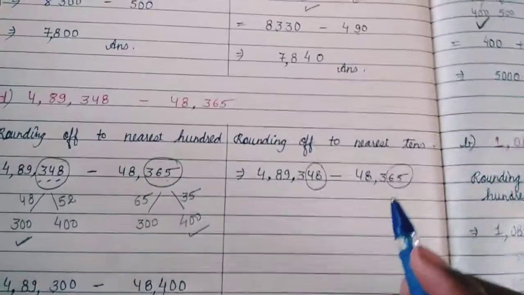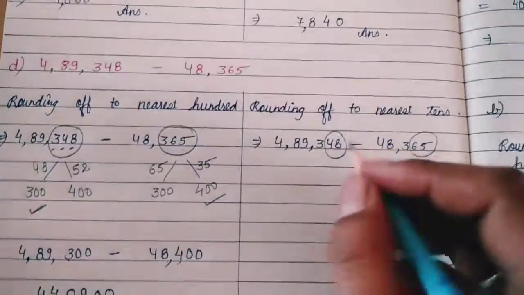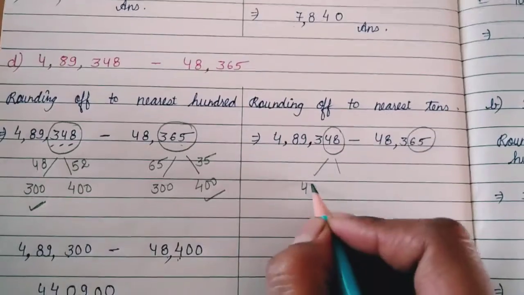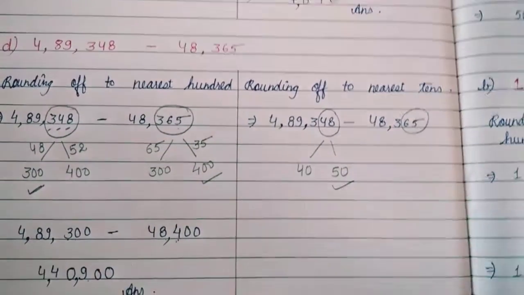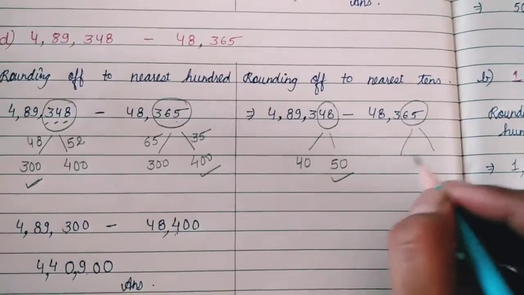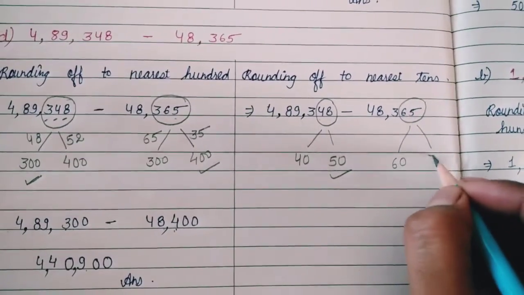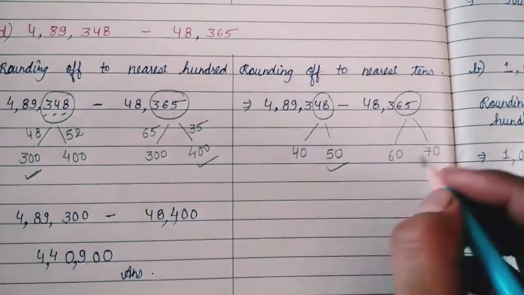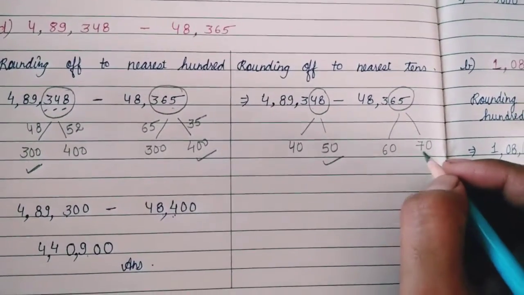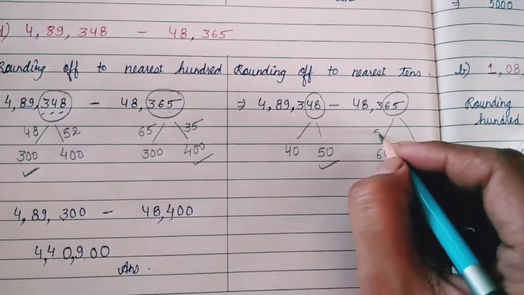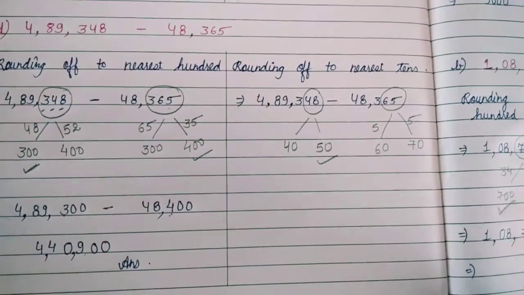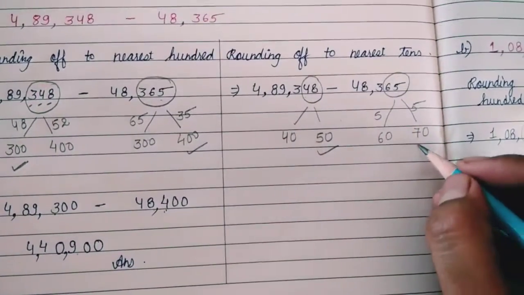The last one, for the tens place, we know 48 is coming in between 40 and 50. So 48 is nearest to 50, and 65 is coming in between 60 and 70. We have to take equal steps to reach 65 from 60 and 70, which is 5. So whom will we choose? We will always choose the greater one.